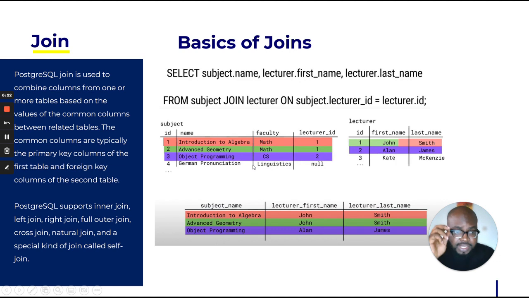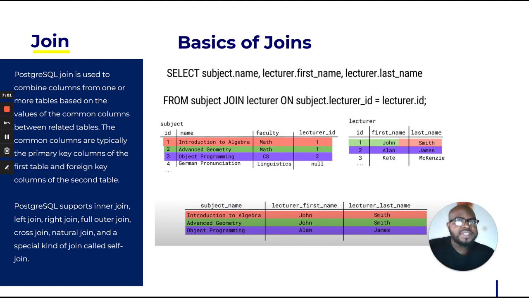The reason is that it does not have a lecturer ID that would match with anything on the lecturer table, so that's removed from our results. Also, we don't have any Kate Mackenzie in our result, and that's because there's nobody on the subject table that has lecturer ID 3. So the join would only take rows where there is a match between the first table and the second table on those matching columns. If there's no match, it excludes those particular rows.